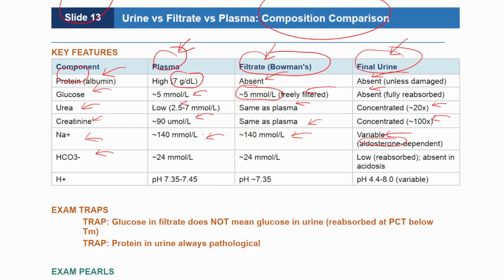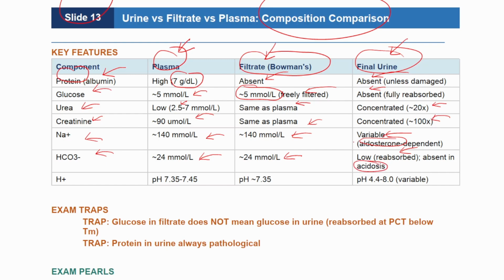Bicarbonate shows a parallel trend, holding at a steady 24 millimoles per liter in the plasma and filtrate, but dropping to low levels in the final urine due to extensive reabsorption and becoming entirely absent during the states of systemic acidosis.